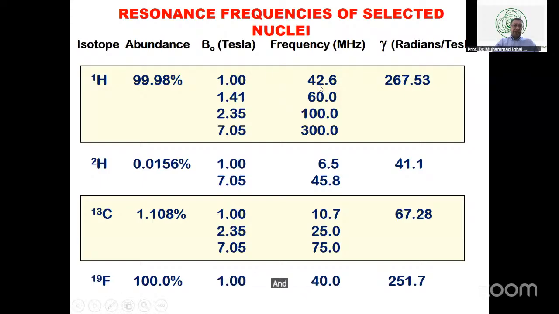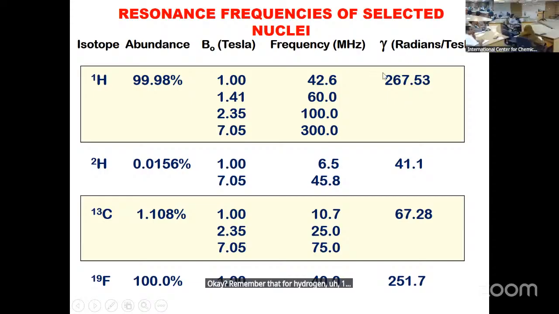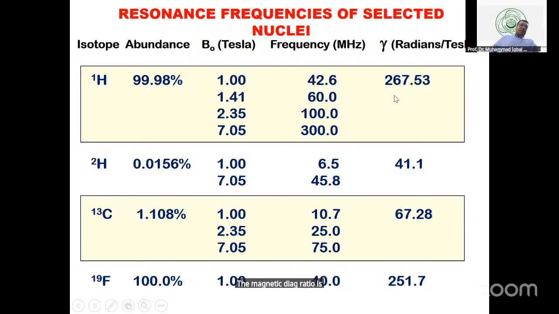So at 1 Tesla, the Larmor frequency, and of course the radio frequency, which needs to match, is 42.6. Remember that for hydrogen-1, the gyromagnetic ratio is constant, 267.